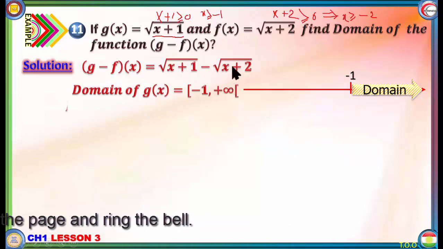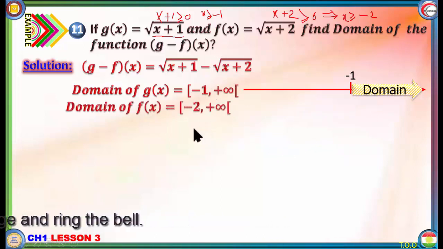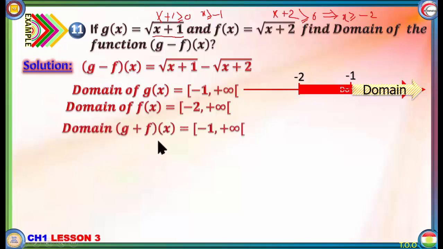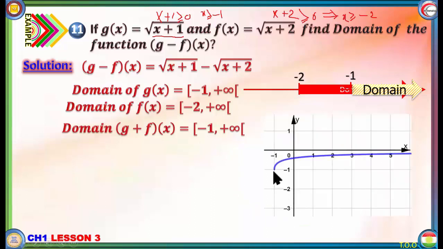And the domain of the function f(x) is from minus 2 to positive infinity. That means all real numbers bigger than or equal to minus 2. Then the intersection between these two intervals is from minus 1 to positive infinity, which is the domain of g minus f(x). From minus 1 to positive infinity.